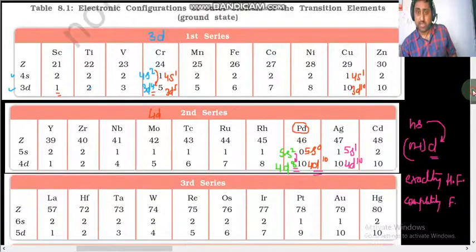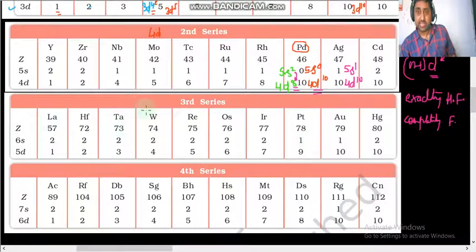Okay, so next is the 5d series. Again it is the case of platinum. It is having 6s1 rather than 6s2 and 5d9. Now there only one electron gets transferred.